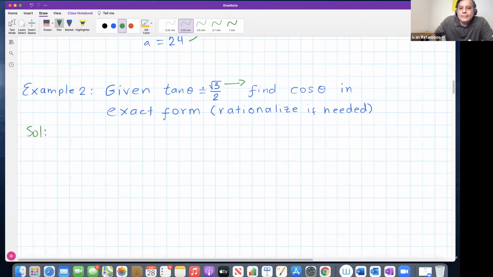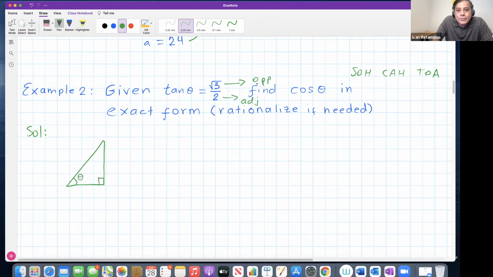To solve this, think of this, right? Tangent, according to SOHCAHTOA, is opposite over adjacent, right? So this should be considered to be the opposite, and this should be considered to be the adjacent, right? When we make up the triangle, theta is here.